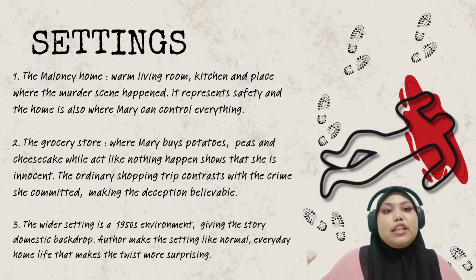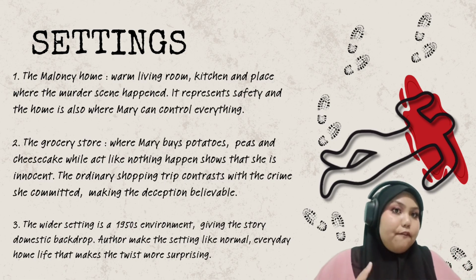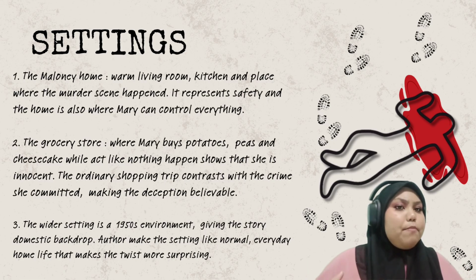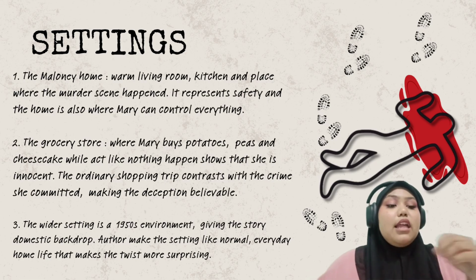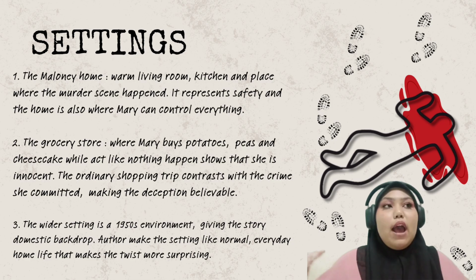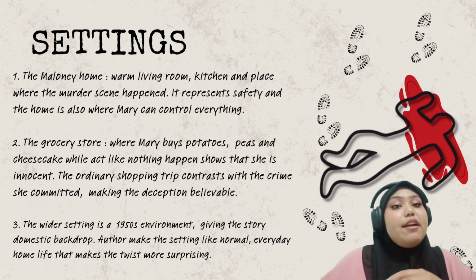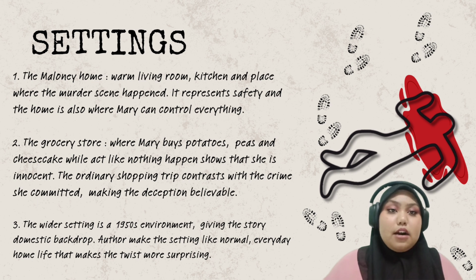Maybe we suspect that the murderer wants to rob that family, but we don't expect the murderer to be one of their own family members. In this story, Mary, the wife, is the murderer.